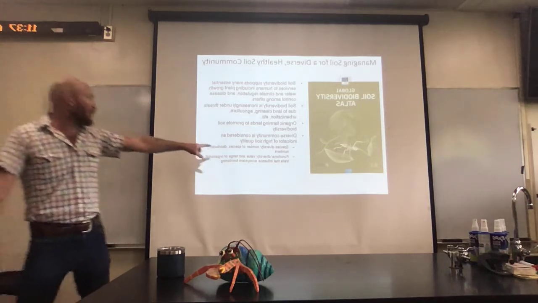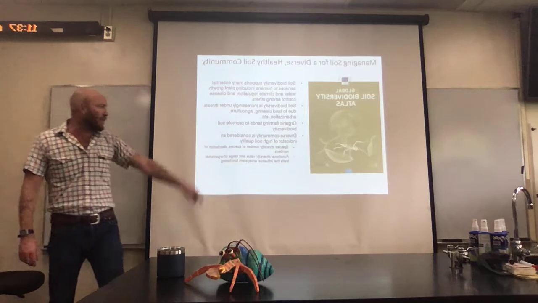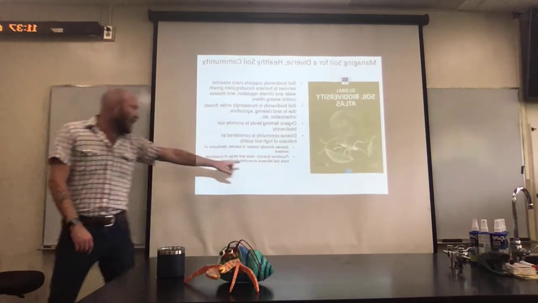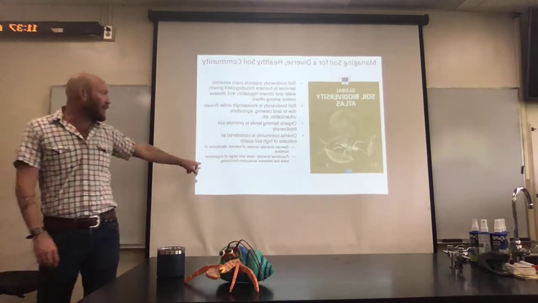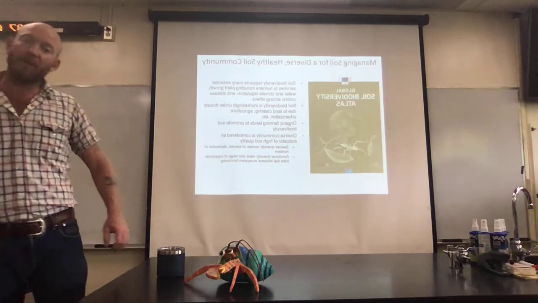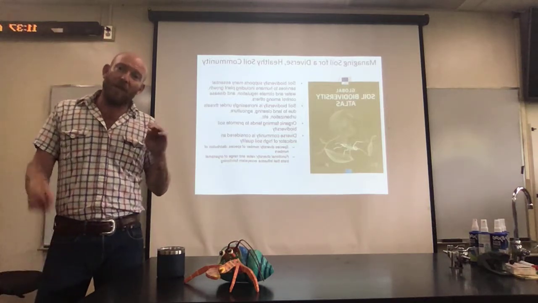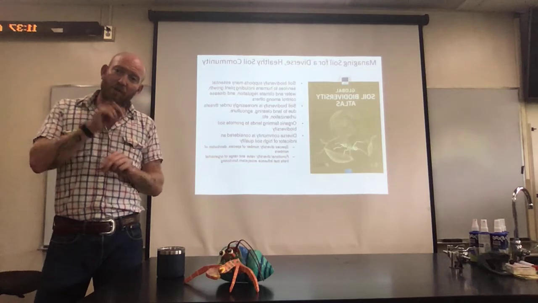So we have species diversity, the number of species and distribution numbers, and our functional diversity, which is the value and range of organismal traits that influence ecosystem functioning. That is in relation to us saying which ones do what.